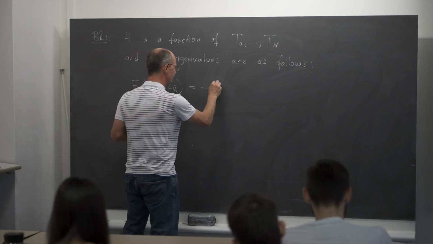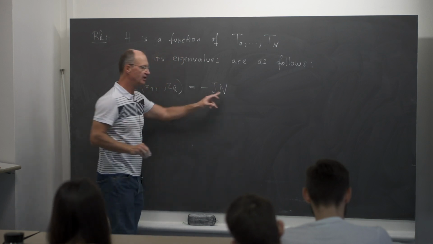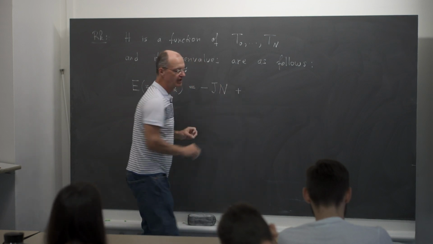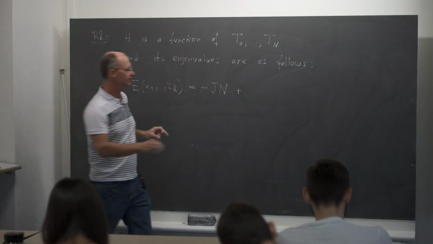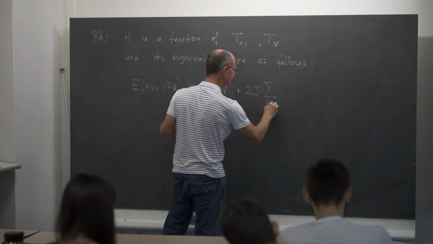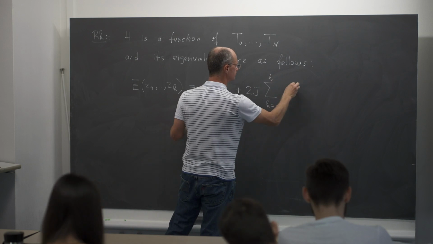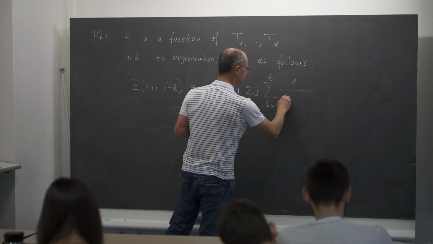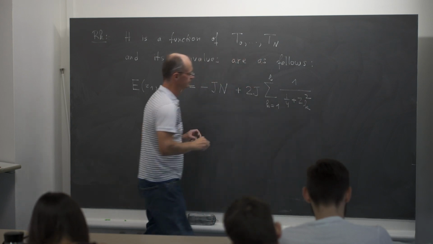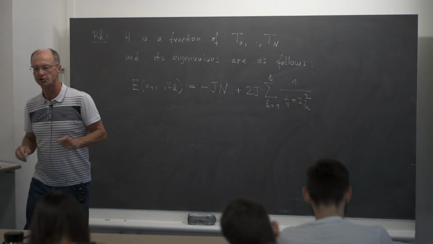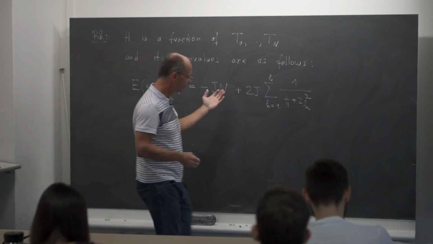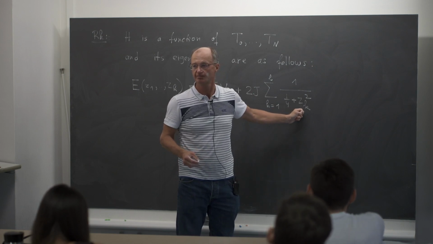So there is always this minus j times n, which does not depend on k. And then the k-dependent part is as follows. So it turns out to be a rather simple formula. So it's a very simple function of zk's.